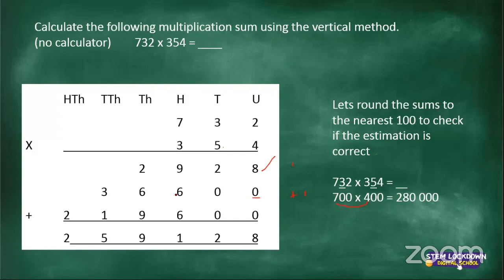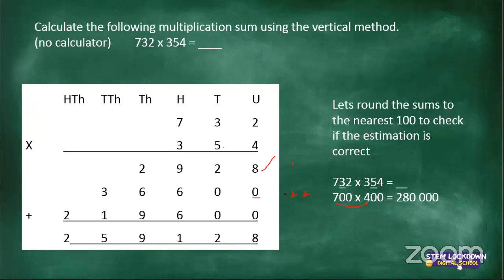So I put my 6 here and I carried the 1. Then we're going to take 5 times 7. 5 times 7 is 35 plus our 1 here gives us 36. So now I carried my 1 and I'm finished with it so I can scratch it out.